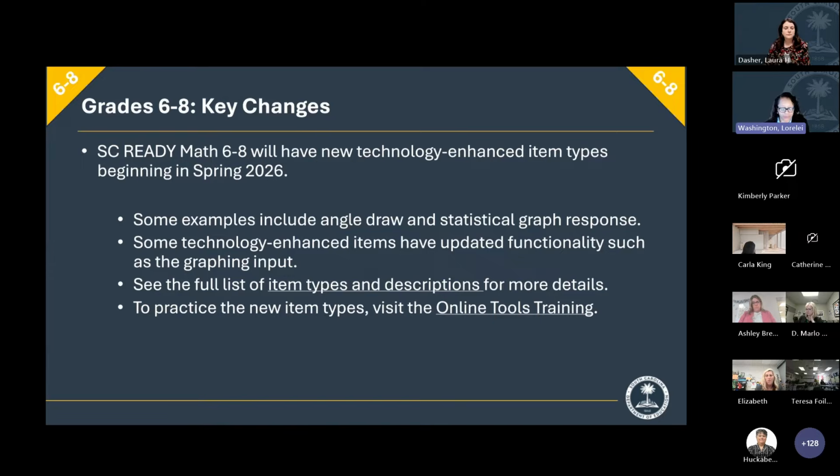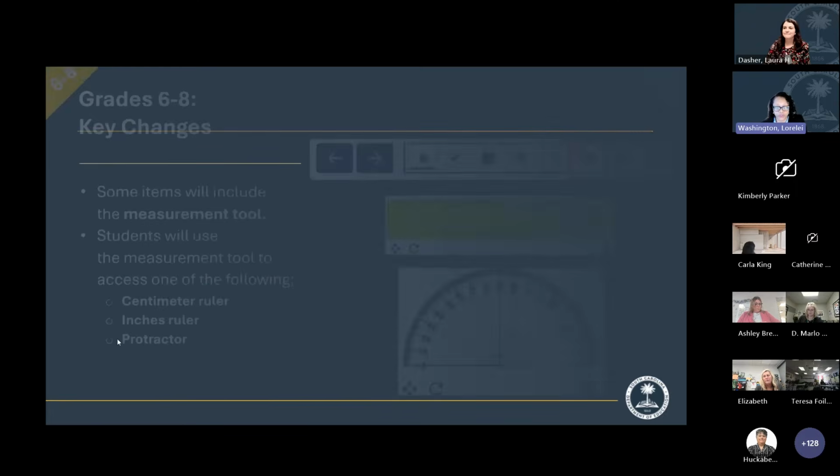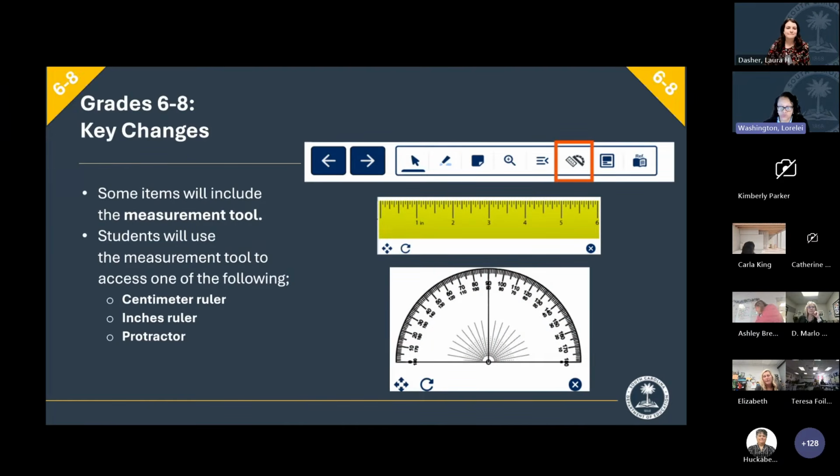So they've already had that before, but it's a little more user-friendly. For the full list of the item types and descriptions, you will go to our link on the assessment quick links for teachers page. And to practice the new item types, they are on the online tools training.